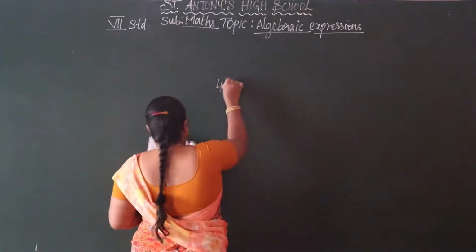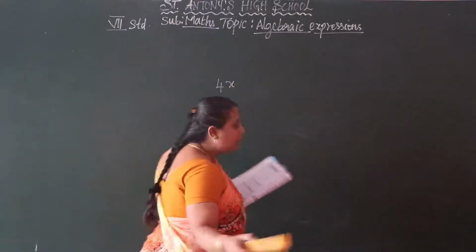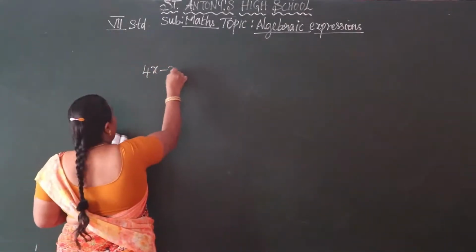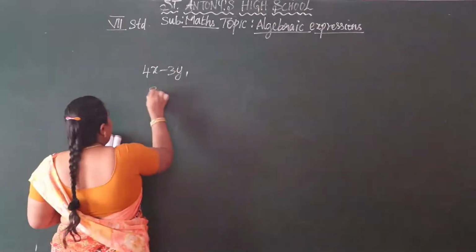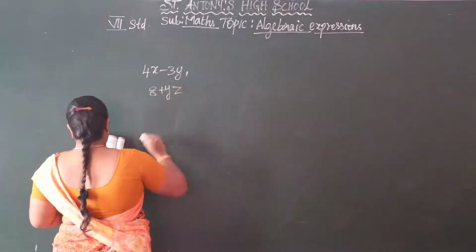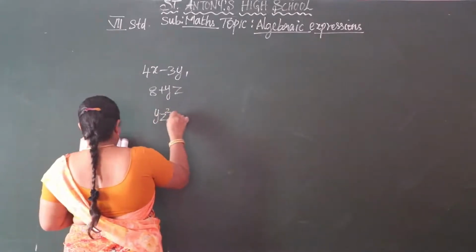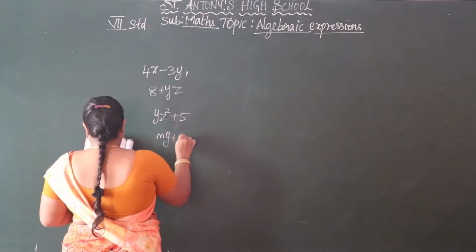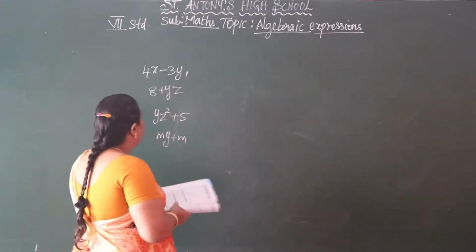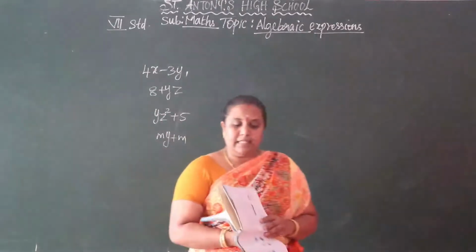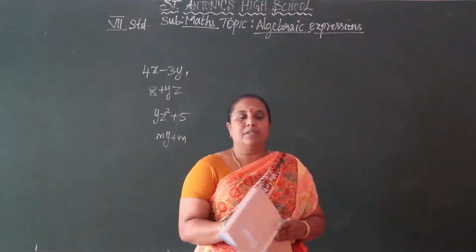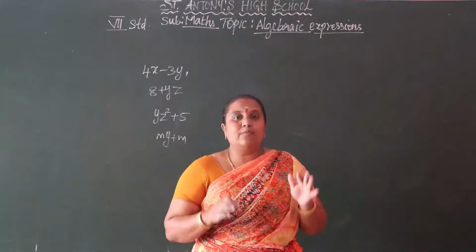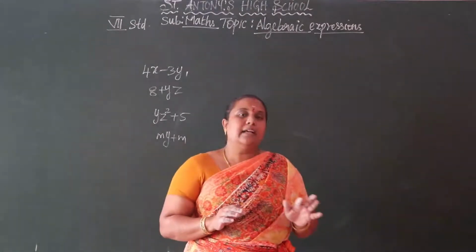See, 4x minus 3y is one expression, and then 8 plus yz is another expression, yz square plus 5 is another expression, and my plus m is another expression. Here we have to write only the coefficient of the y terms, so we take only the y terms.